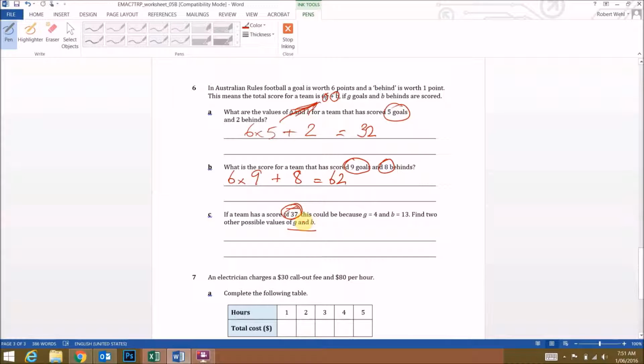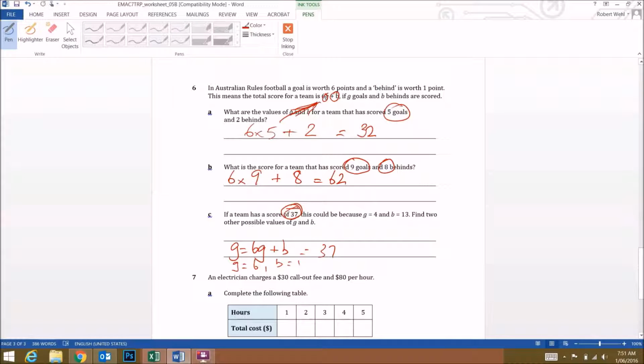So if G equals 6, my expression is 6 times 6 plus 1 will equal 37. So 6G plus B will give me 37. In this instance, G would equal 6 and B would equal 1.